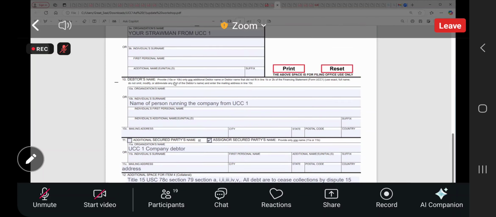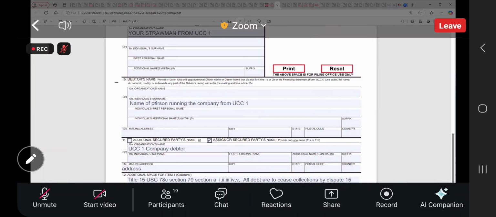Now it says box 10, debtor name, 10A or 10B. Only one additional debtor name can go in 10A or 10B. So if you have another debtor, you want to put them here.